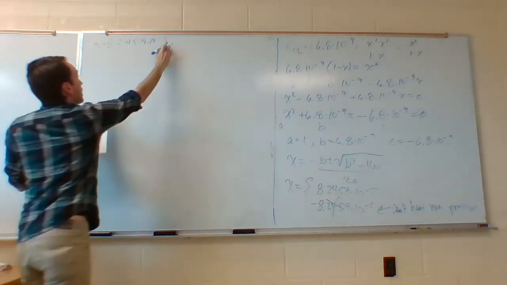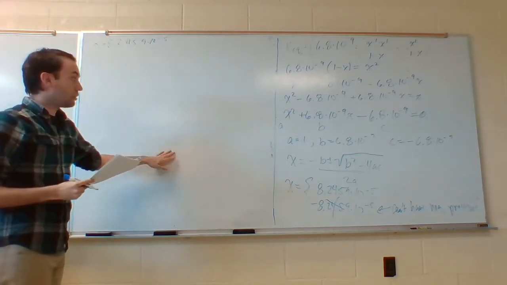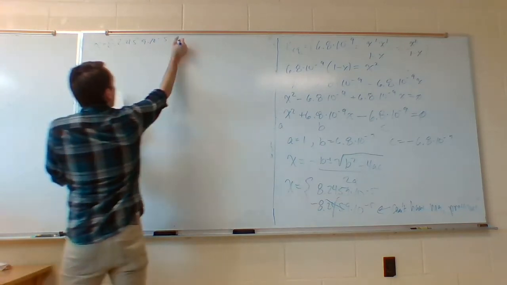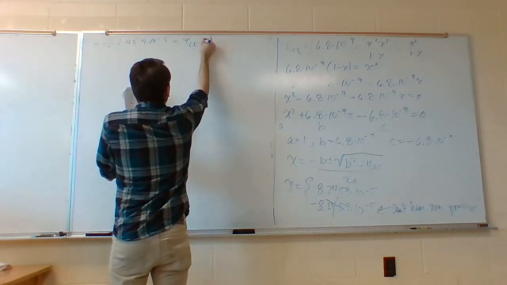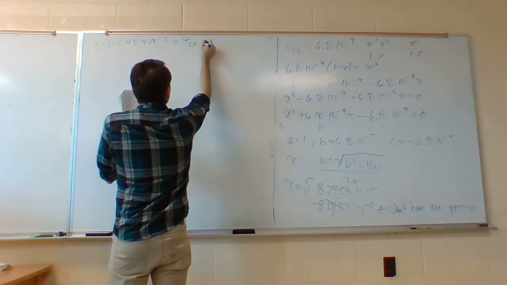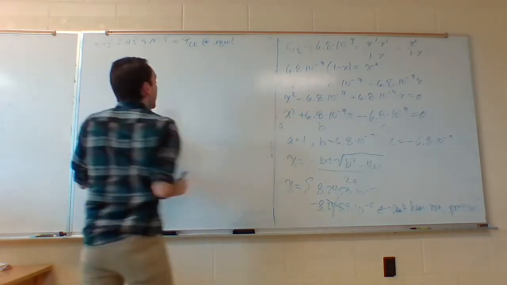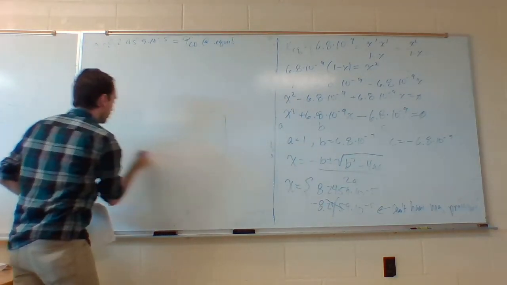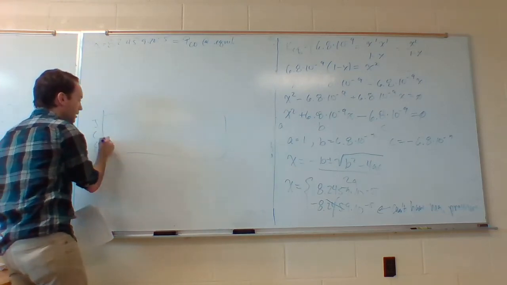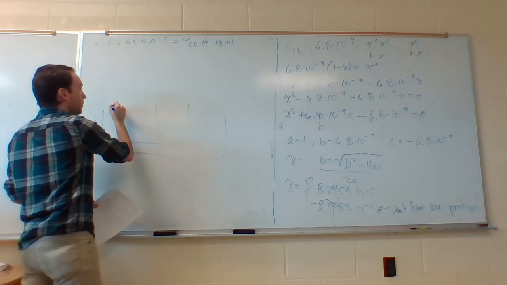Now if you remember, x in our table was equal to our partial pressure of our CO at equilibrium. Remember in our ICE table, we had I, C, E. These values are at equilibrium.